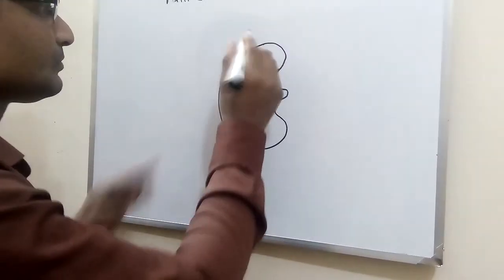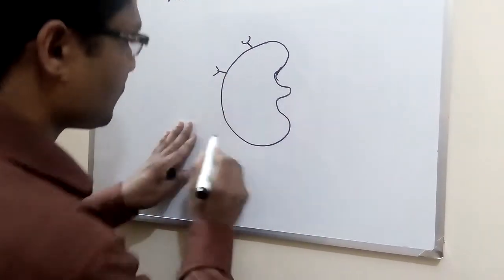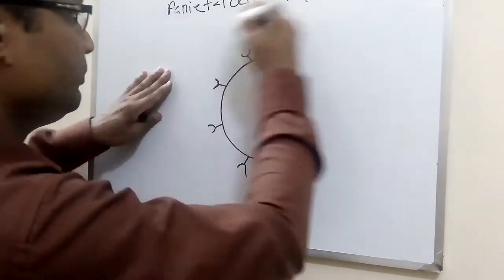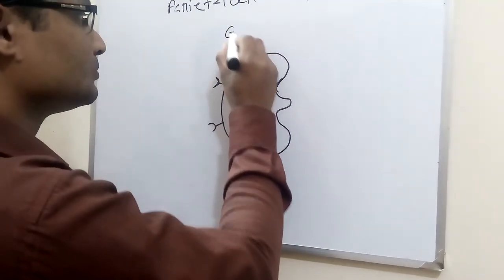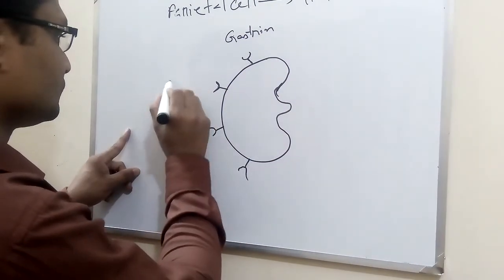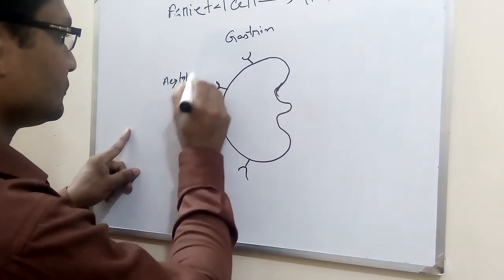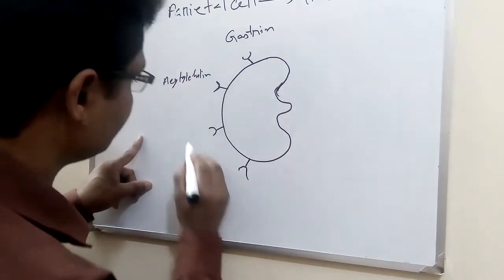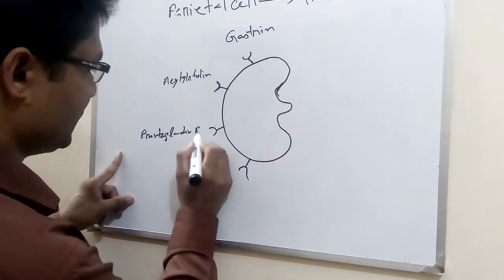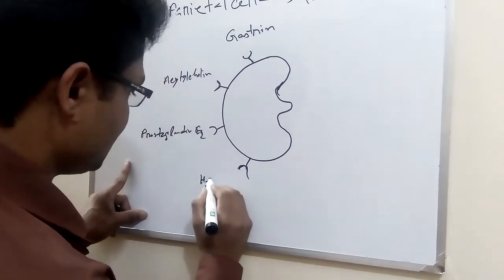This is the parietal cell. Gastrin, acetylcholine, prostaglandin E2, H2, that means histamine.